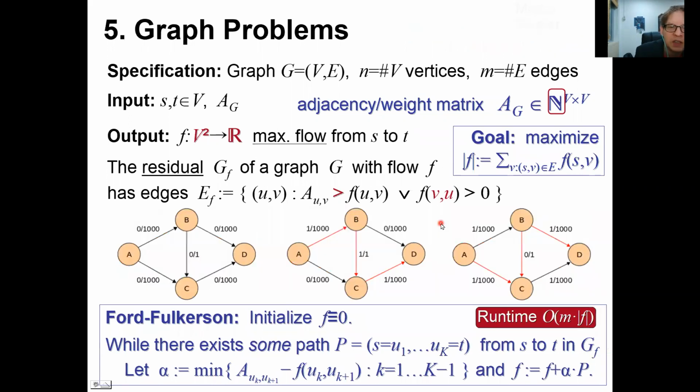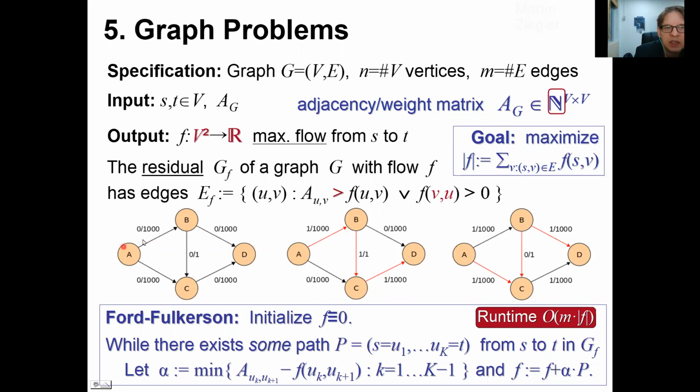But unfortunately it's not, as illustrated with this admittedly artificial example, where Ford-Fulkerson indeed takes a number of iterations that is exponential in the binary input length, or put differently, that is linear in the value of the edges.